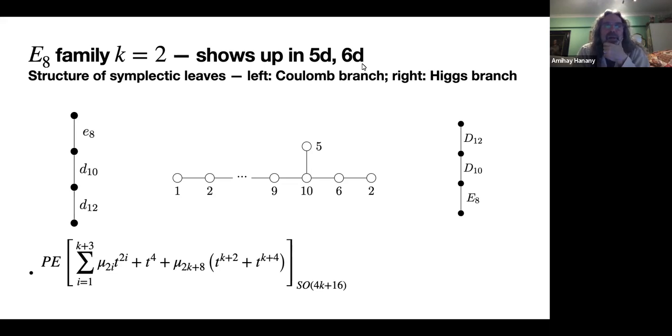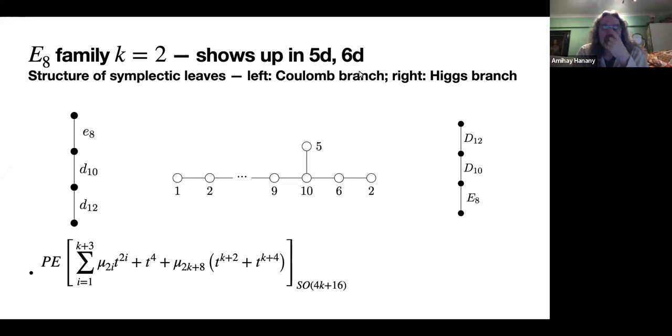Now, let me say a few words about where it shows up in 5 and 6 dimensions. So in 6 dimensions, it will be the UV point of an Sp theory with appropriate number of flavors such that it keeps this anomaly free.